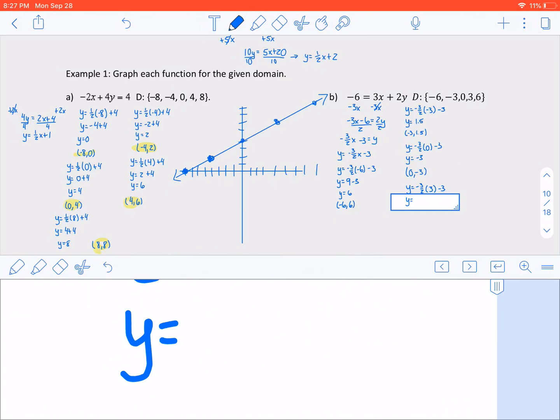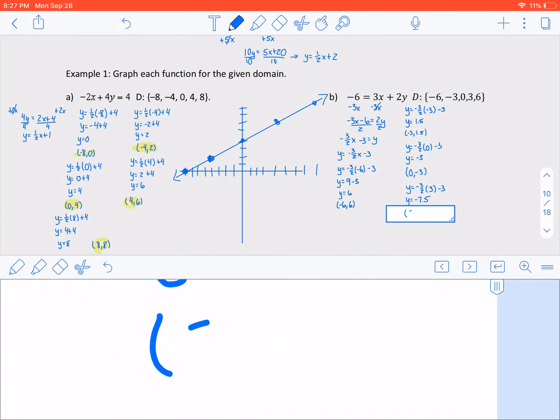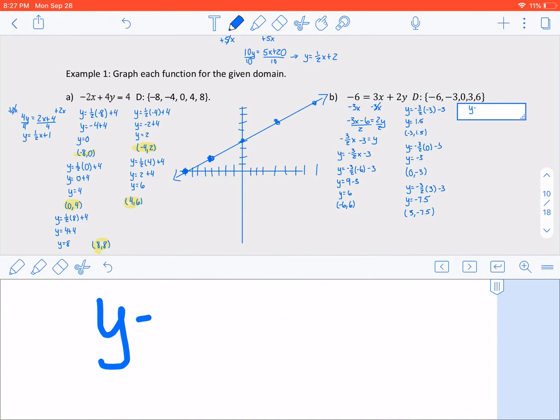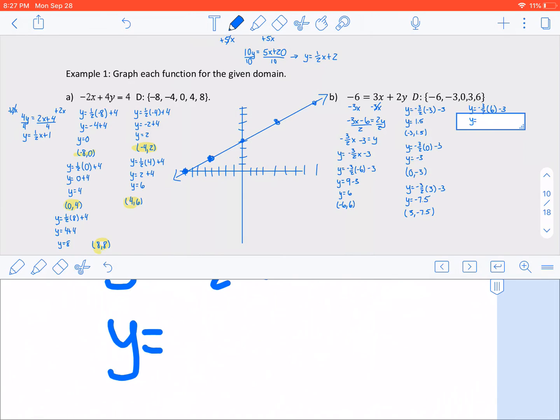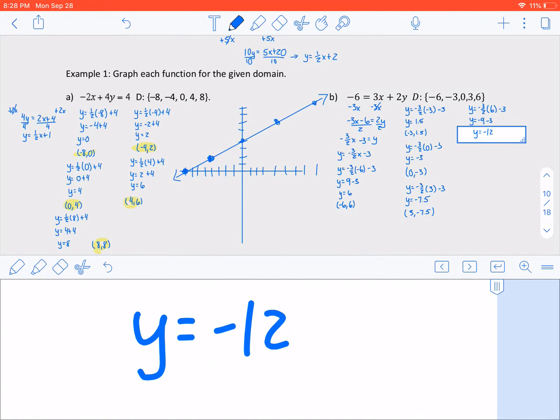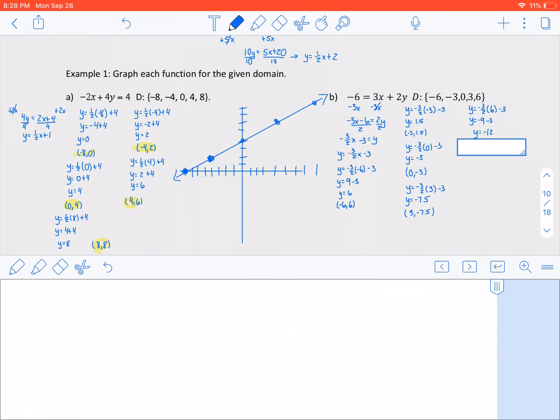So when I plug in 3, I get negative 7.5. And last one, y equals negative 3 halves times 6 minus 3. Y equals negative 3 times 6 is negative 18 divided by 2, which is negative 9 minus 3, which is negative 12. So when I plug in 6, I get out negative 12.